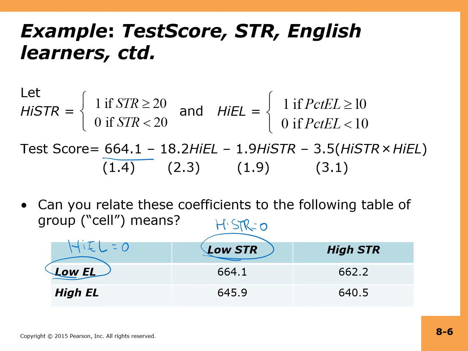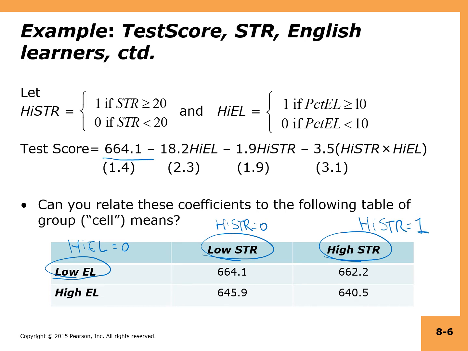So say you want to know what is the average test score of having a low percentage of English learner but high student-to-teacher ratio, then in this case, you plug in high STR equal to 1 instead.